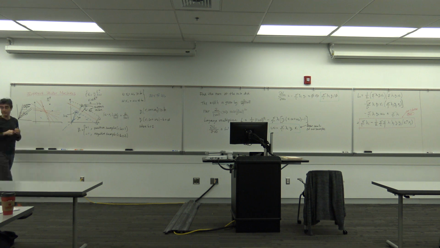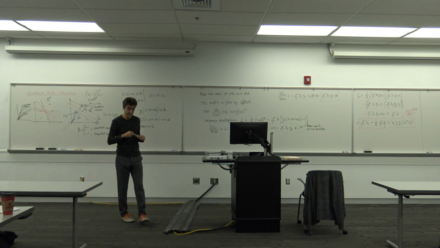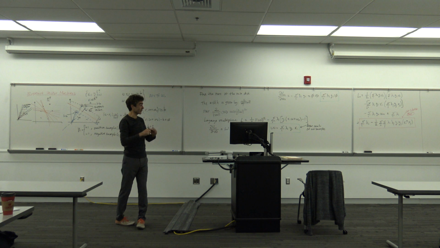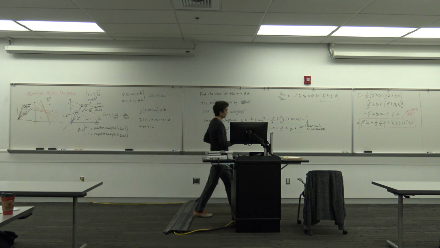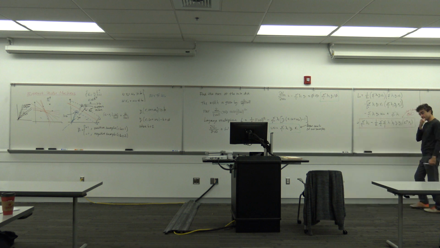Any other questions? What if the two classes are not linearly separable? Very good question. How can we modify this if the classes are not linearly separable? Use a mapping of x. Very good. I don't have more candy, but you deserve candy.